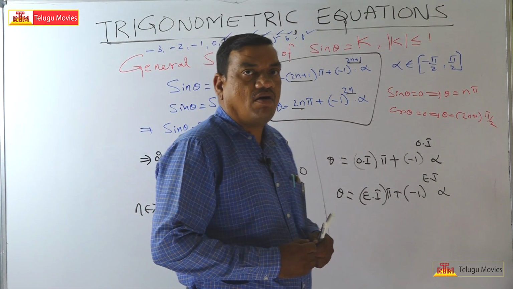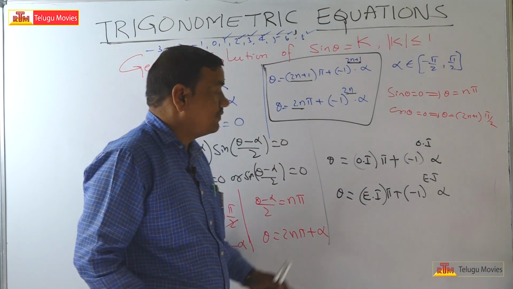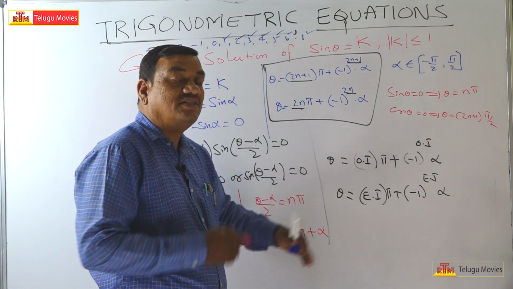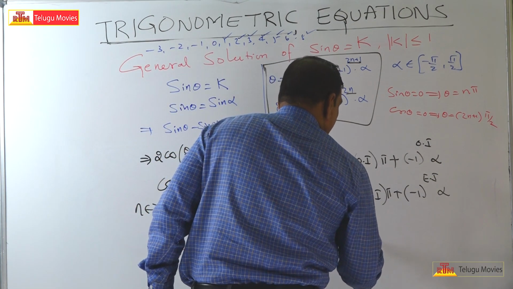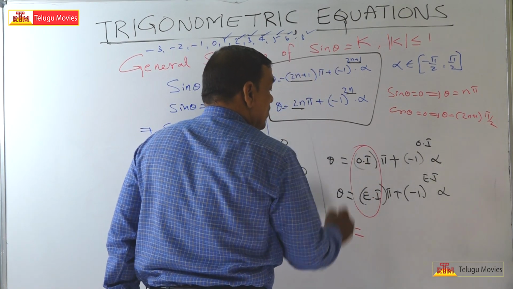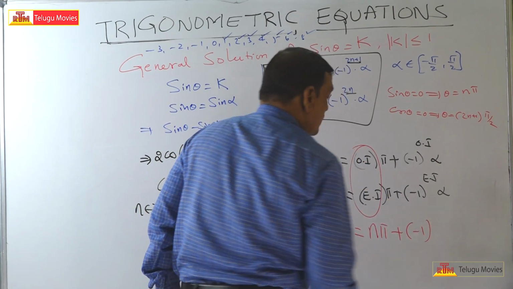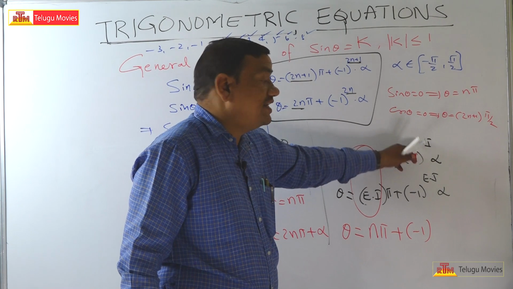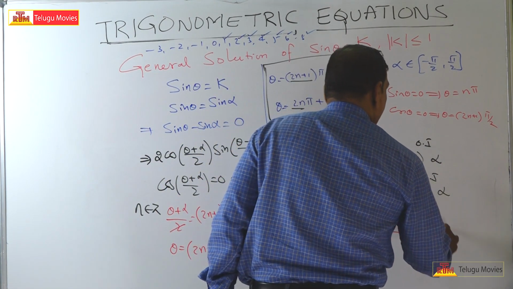All together, combining, we see that it is an integer. That is equal to, theta is equal to, in place of these I will write n pi plus (minus 1) to the power of integer n alpha.